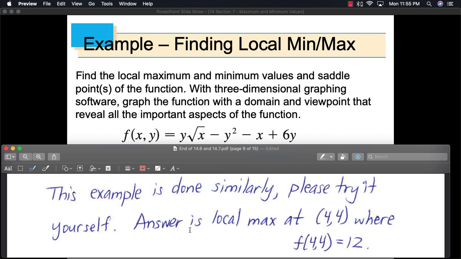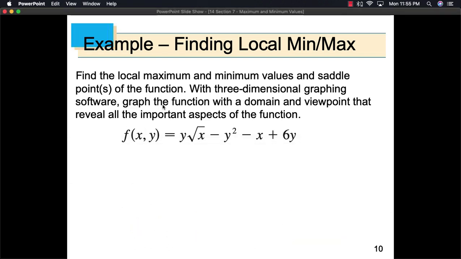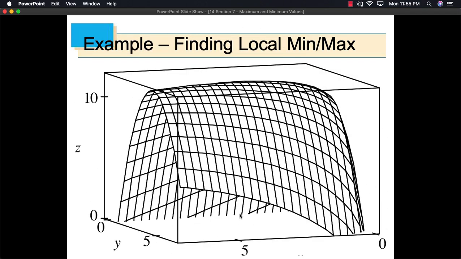Not only do you get only one critical point, the critical point will prove itself to be a local max, which means that D is positive and the partial with respect to x twice is going to be negative. It's going to be the second case. So I would recommend that you pause the video now and try this yourself. It's the same exact methodical steps, and I highly recommend you do it right now. That's what this one looks like.